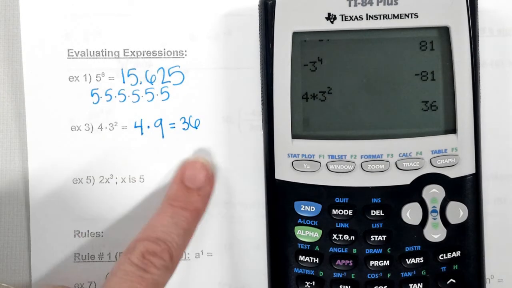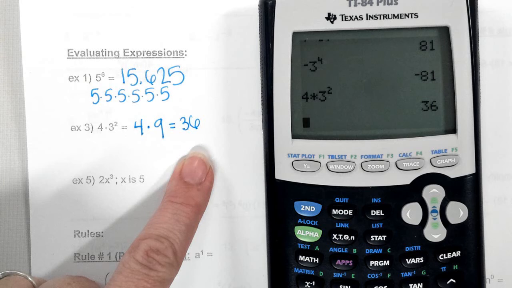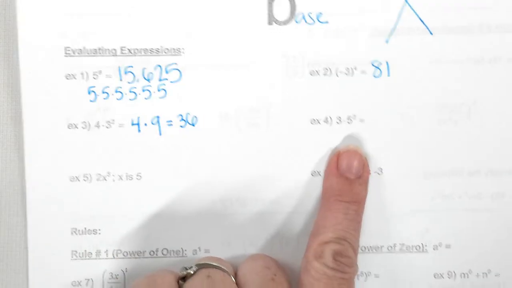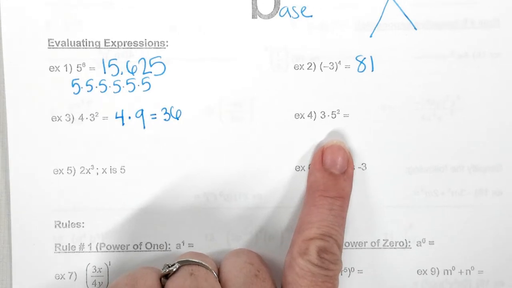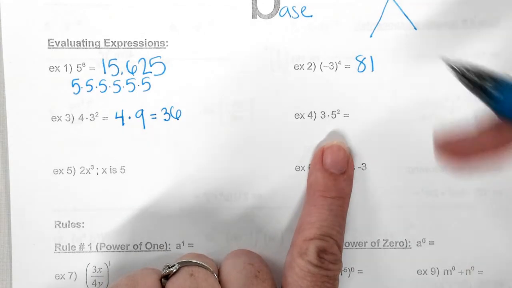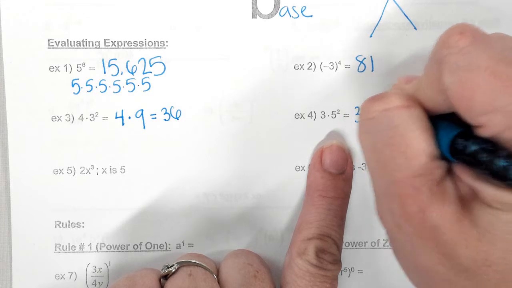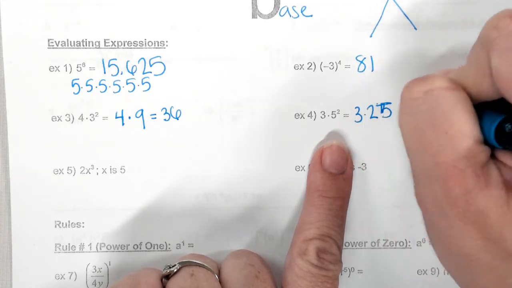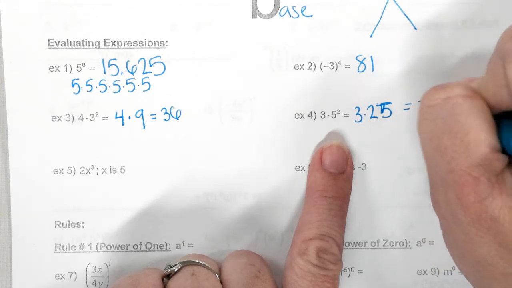Yes, we could. And it gave us the exact same thing. So what do we get on example 4? 3 times 25, which is what? It equals 75.